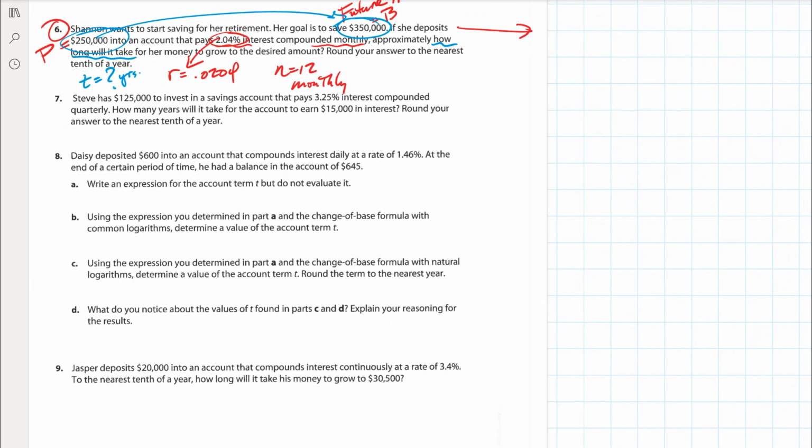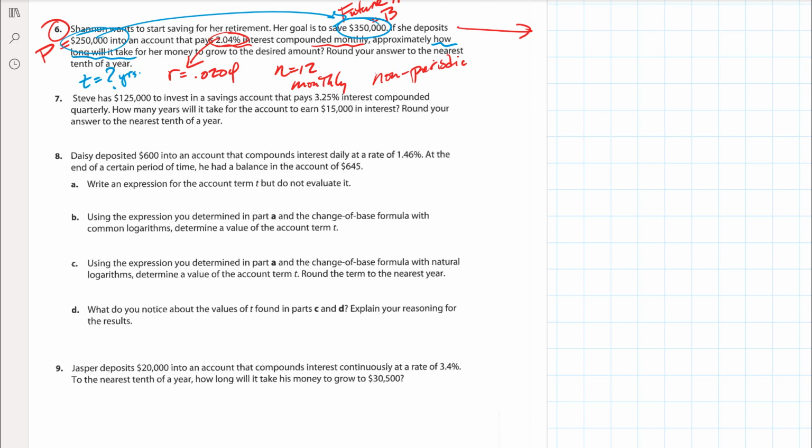Now notice this is non-periodic, okay? It didn't say anything about periodic accounts. And that's why the title of this lesson is finding the term of a single deposit account. So just notice this is non-periodic. This is a single deposit account.